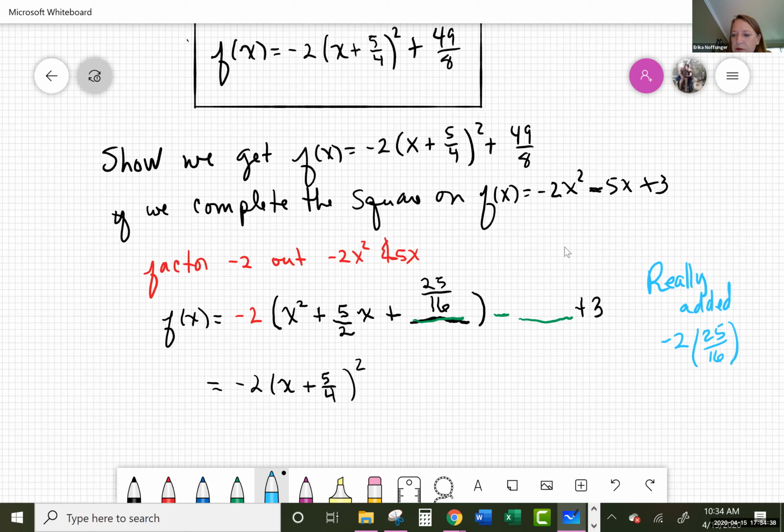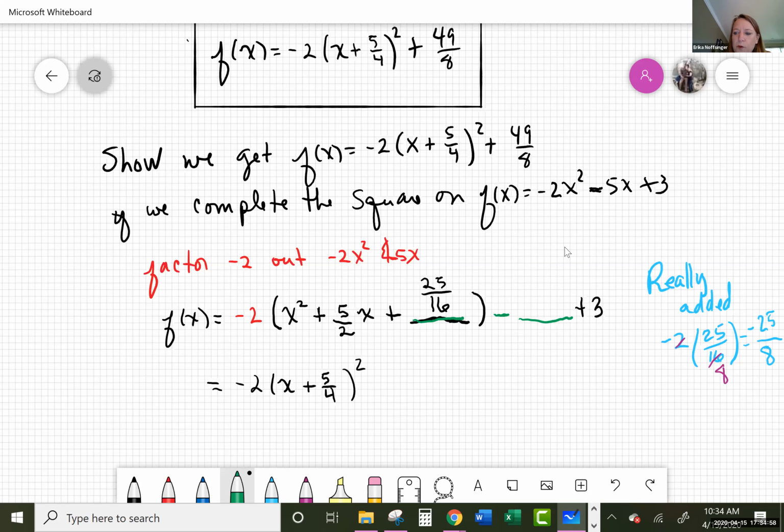And so if I reduce that, 2 goes into itself once, 2 goes into 16 8 times. And so we really added -25/8 to this side of the equation.